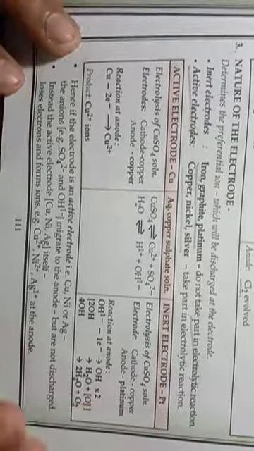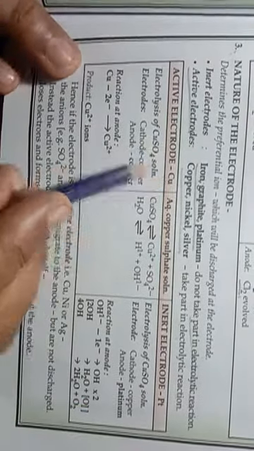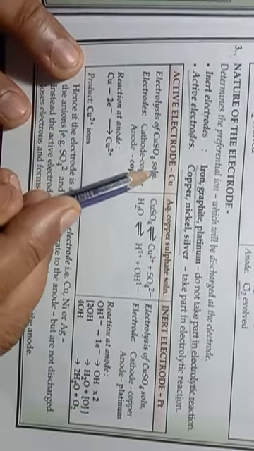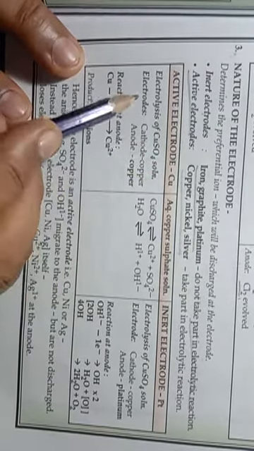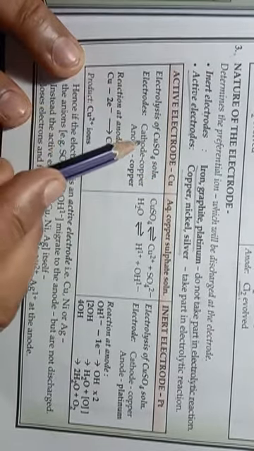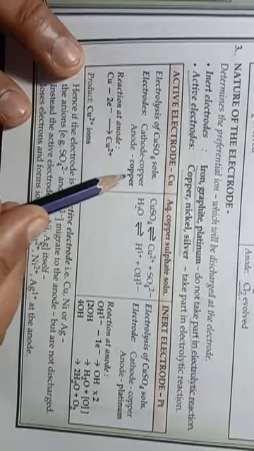Okay, so take an active electrode like copper, in the electrolysis of copper sulfate solution. If the active electrode copper is present, then the cathode is copper and the anode is copper.